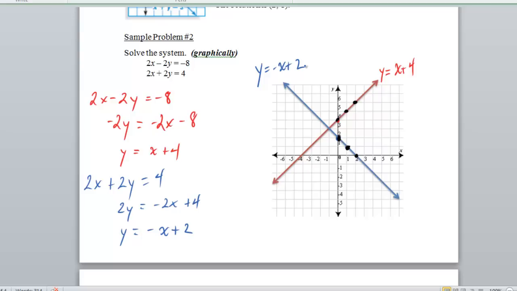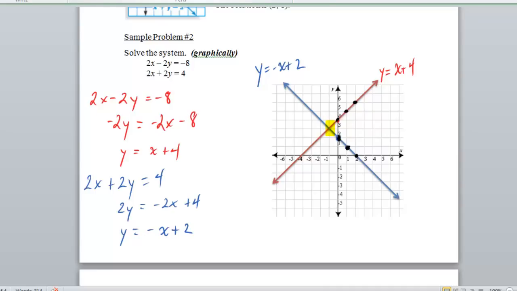Okay, and so what we're looking for here is we have both of these lines graphed on the same coordinate plane, and we're looking for that point of intersection where they're going to cross. And so we can see here, if we go back 1 and up 3, that's their point of intersection.